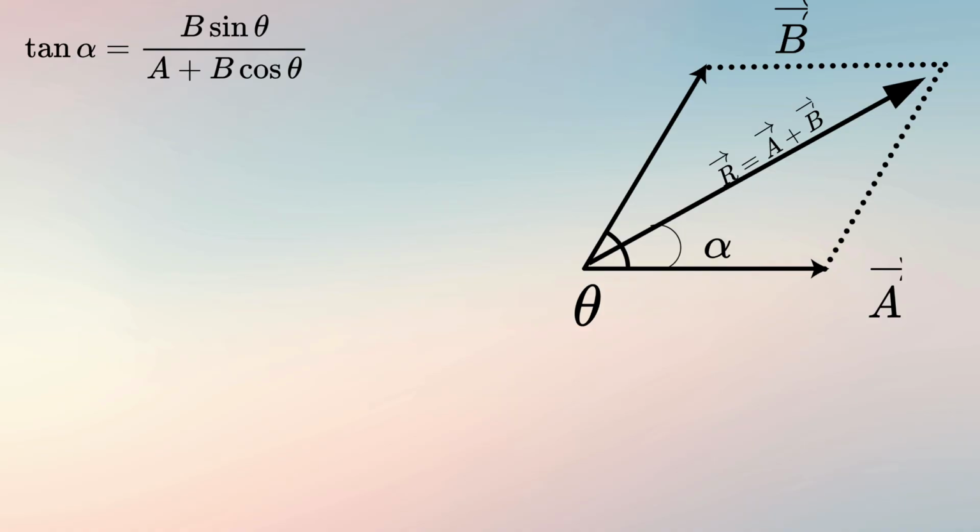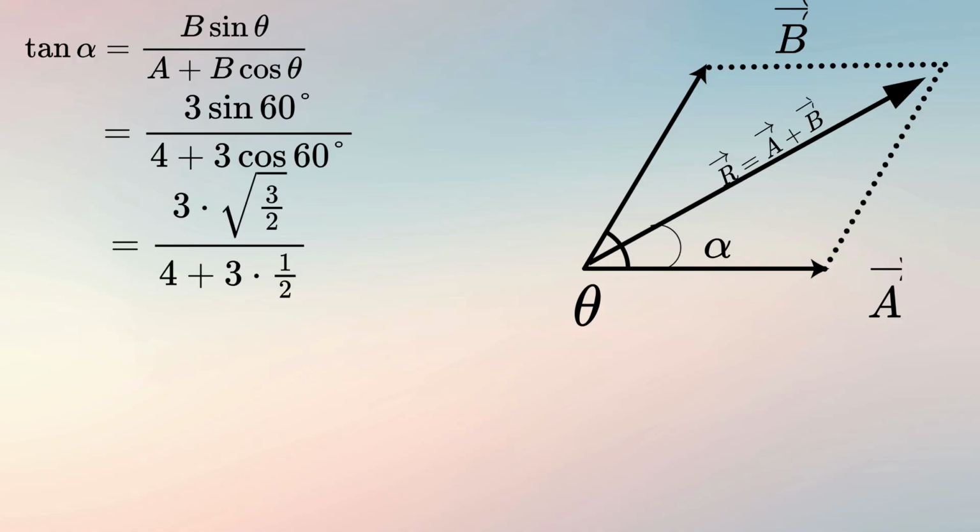Substituting the respective values, we get 3 sin 60 degrees divided by 4 plus 3 cos 60 degrees. Substituting the values of sin 60 and cos 60 as we know them, which are root 3 by 2 and 1/2, we get 3 multiplied by root 3 by 2 divided by 4 plus 3 multiplied by 1/2. So here we will cross multiply 2 in the denominator and write the denominator as 8 plus 3.